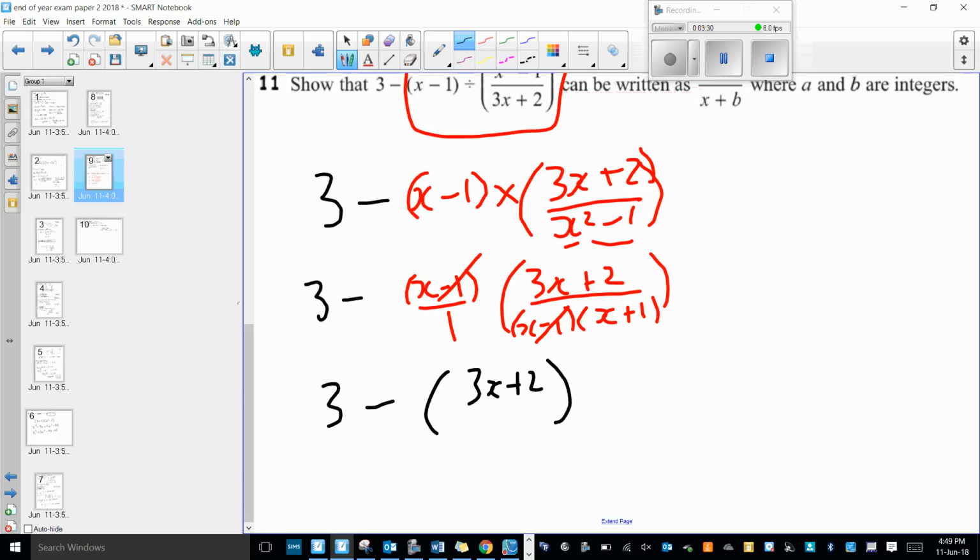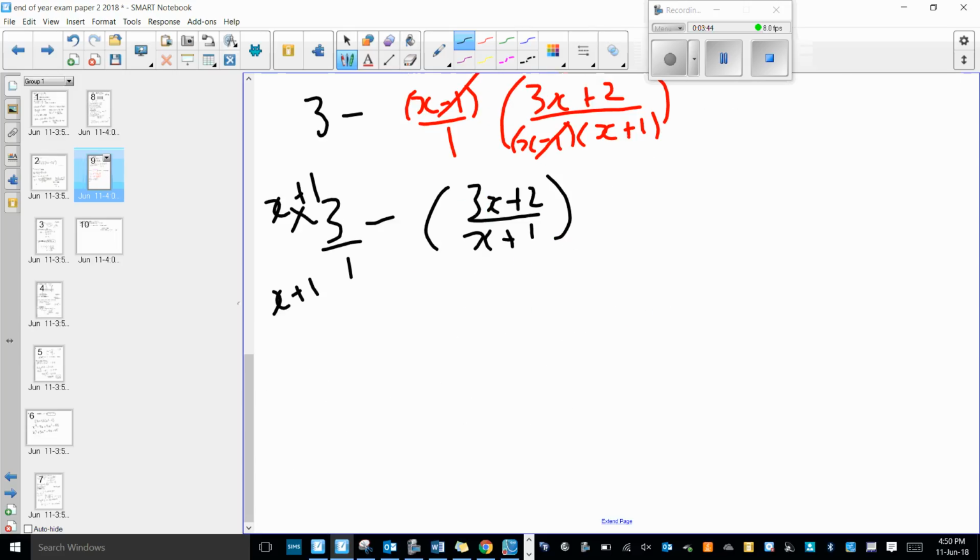Okay, so we're now subtracting things involving fractions. We need to have the same denominator. This is equally over 1, so we're going to multiply top and bottom by x plus 1. So we've got 3 brackets x plus 1 subtract 3x plus 2.